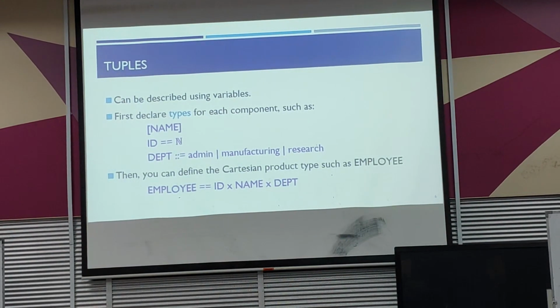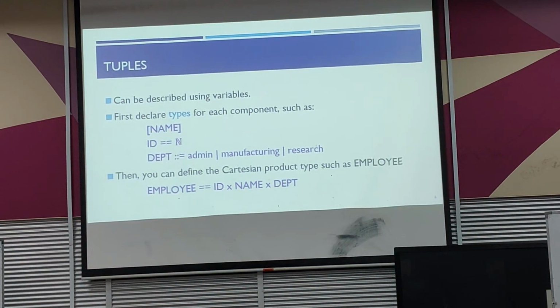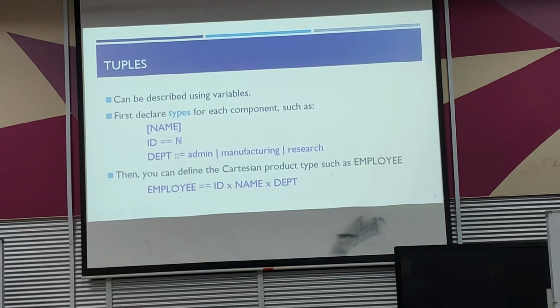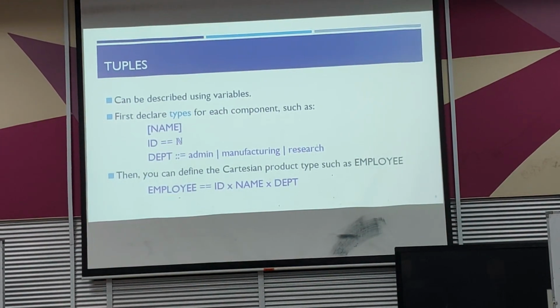It's up to you. Maybe you want to have free type, but normally no. For year normally we go for n. So you define on top before you use it in the Cartesian product. So this one is a triple. It means that when you receive the data, it is in 3 components.